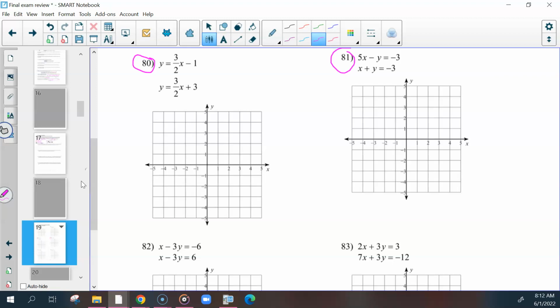But either way, for this first one, that would start at -1 and go up 3 to the right 2 as many times as possible, and down 3 to the left 2 as many times as possible. Then for this other one, this would start at +3, go up 3 to the right 2, or down 3 to the left 2.